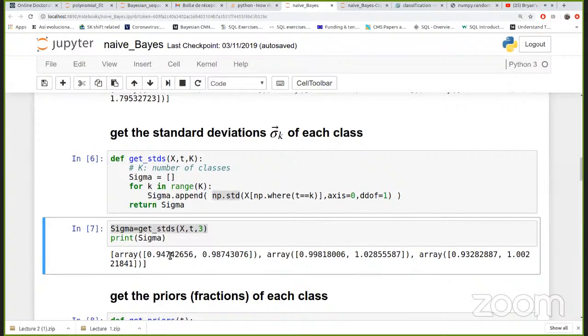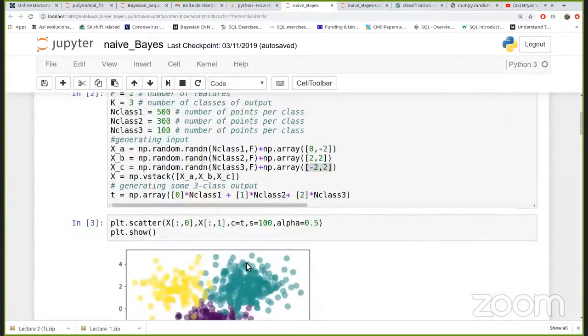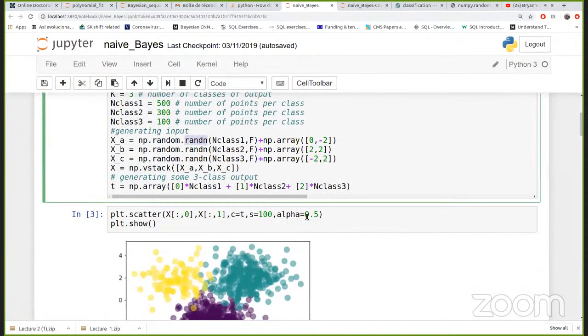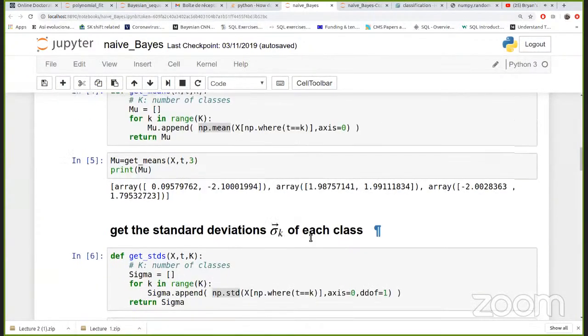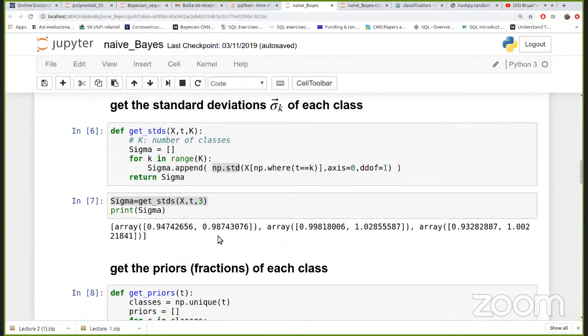So each class will have 2 standard deviations, given by the 2 dimensions of the data set. All of them are close to 1 because I secretly generated my data set with the standard normal, which by definition has a standard deviation of 1. So all of this is reasonable.